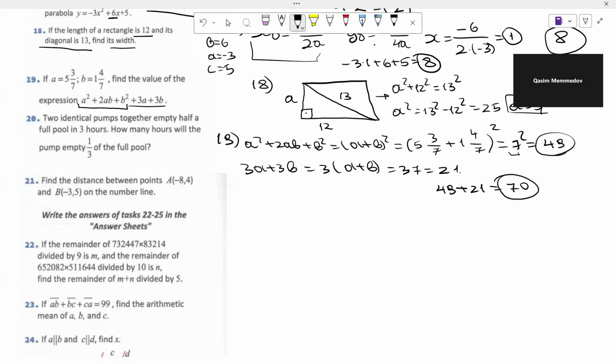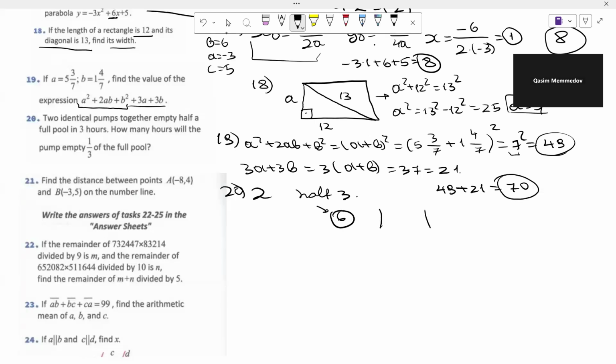Let's continue with 20. Two identical pumps together empty half of a full pool in 3 hours. Okay, if two of them empty half a pool in 3 hours, the whole pool will be emptied in 6 hours.